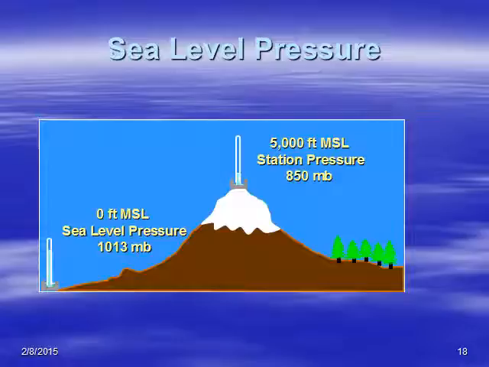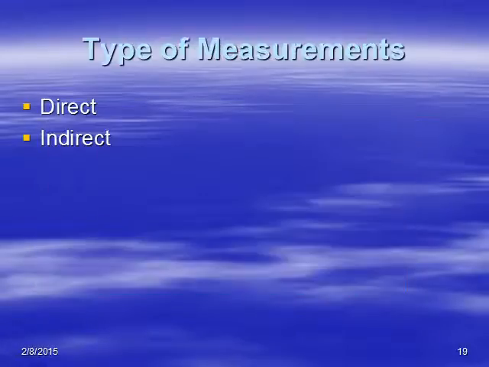But sea level pressure, if you take that pressure, 850 millibars, and then use an equation and hypothetically bring it down to sea level, that would be your sea level pressure. So that is how they do sea level pressure. We're going to do some calculations of sea level pressure, and we'll talk about that in class, and also you'll do that in lab.